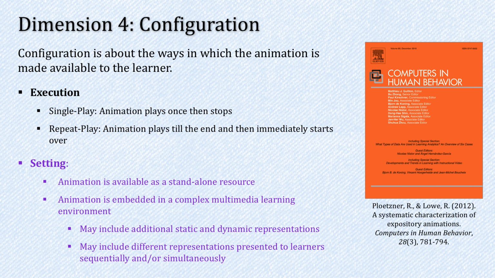And then most importantly is actually the setting in which the animation is encountered. Is the animation presented as a standalone resource, or is it embedded in a complex multimedia learning environment that may include additional static and dynamic representations, or include different representations presented to learners sequentially and or simultaneously?